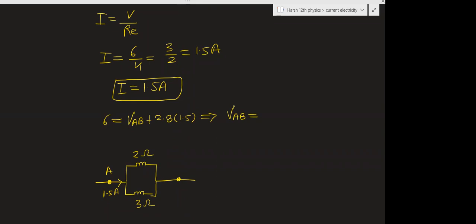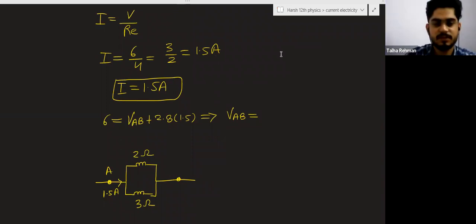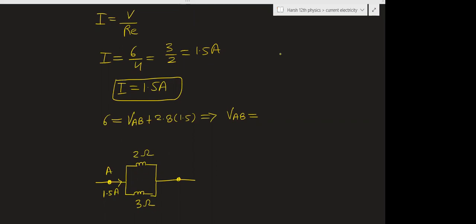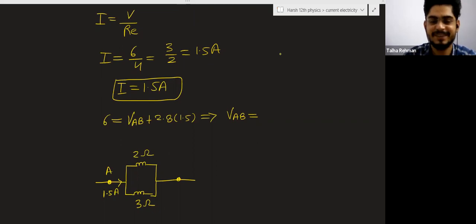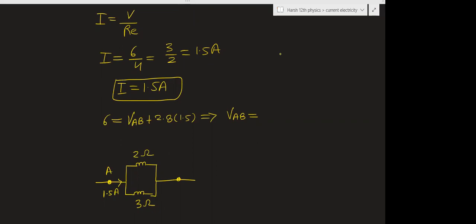Just multiply all the things. Not divided by anything, you have to subtract here.